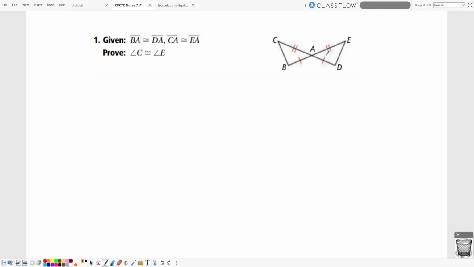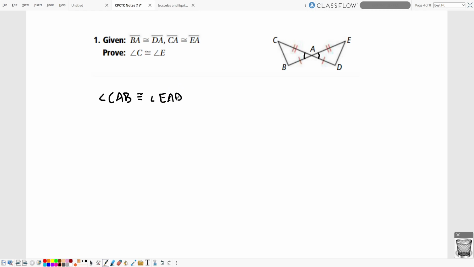So we have 2 sides. Well, we also have an angle, because we have this angle. So angle CAB is congruent to angle EAD.